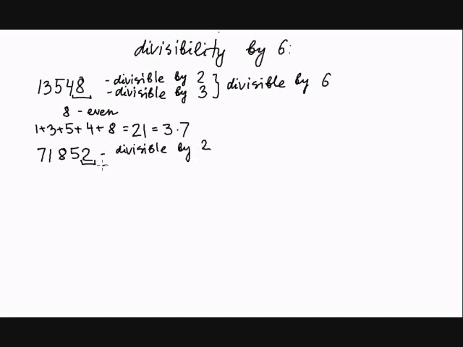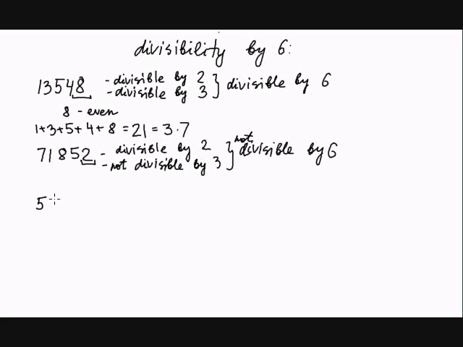And we're going to check the sum. 7 plus 1 is 8, 8 plus 8 is 16, 16 plus 5 is 21, and 21 plus 2 is 23, and 23 is not a multiple of 3, therefore 71,852 is not divisible by 3, and therefore it's not divisible by 6.